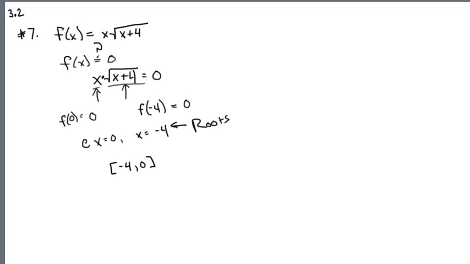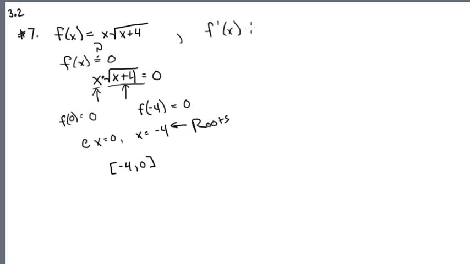If f of a equals f of b, then there is at least one number c in a to b such that f prime of c is equal to 0. Well, is it differentiable there? Let's use the short answer for that and actually calculate its derivative.